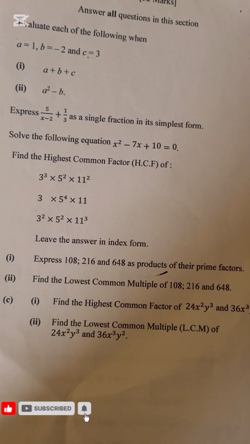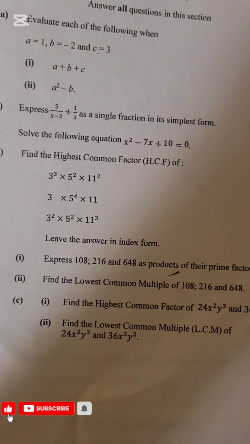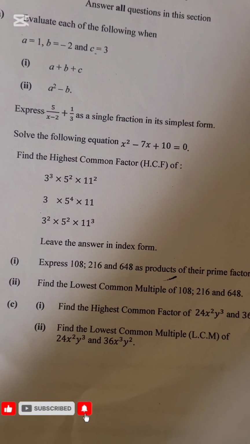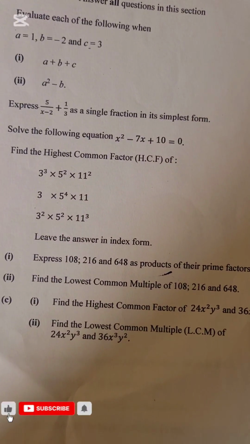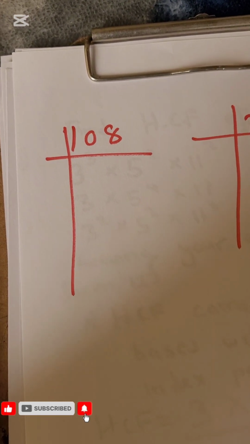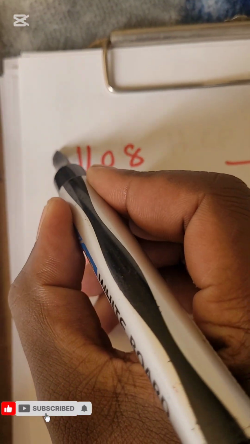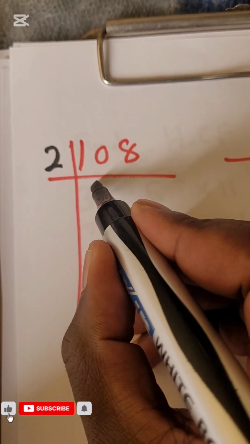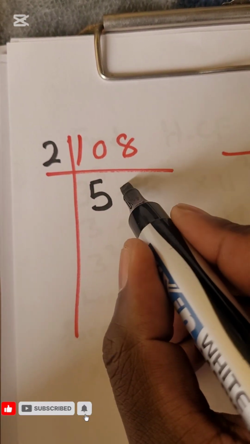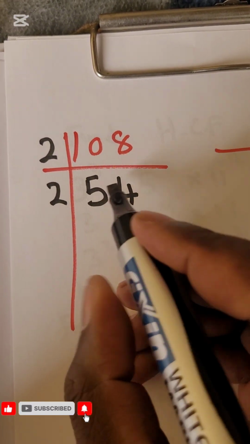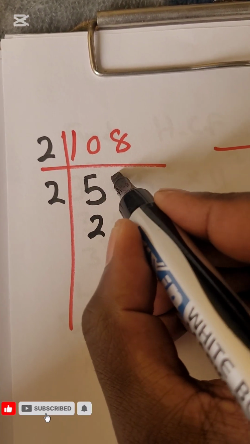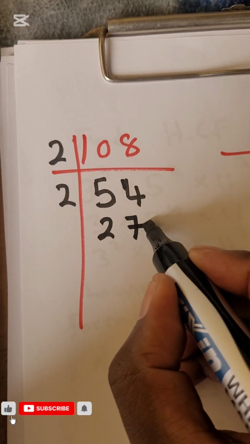So the first stage is to express these numbers as a product of their prime factors. Starting with 108, we take 2: 2 into 10 is 5, 2 into 8 is 4, 2 into 5 is 2, remainder 1, into 14 we get 7.